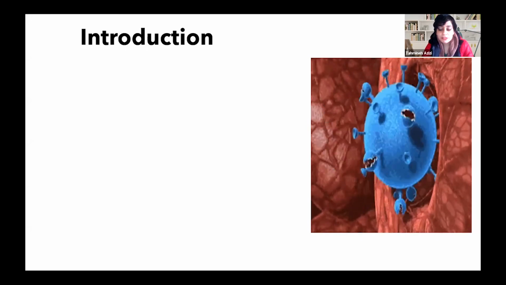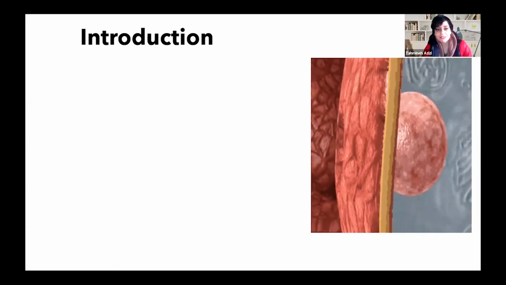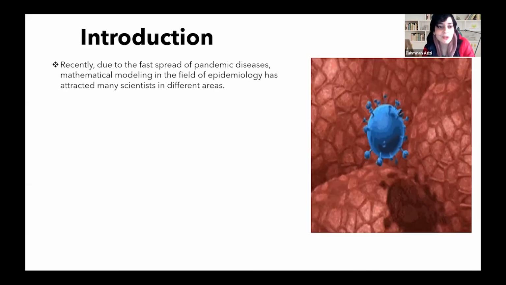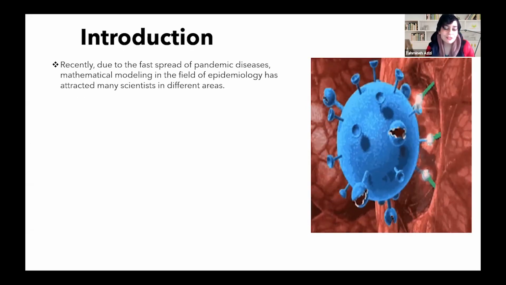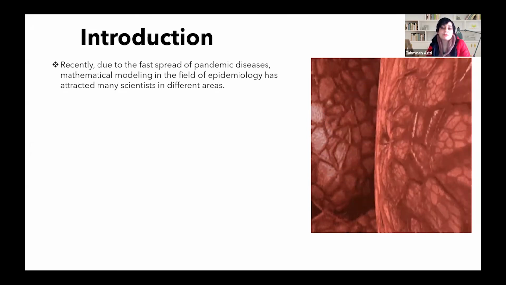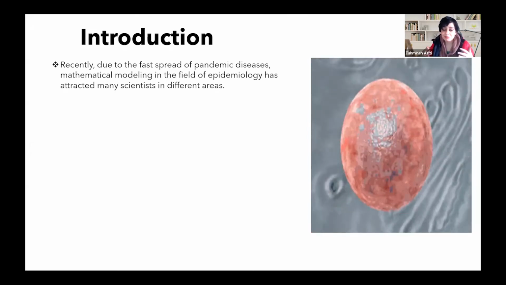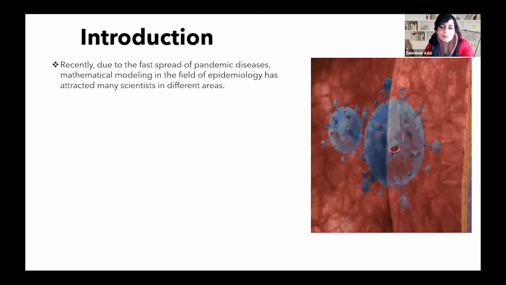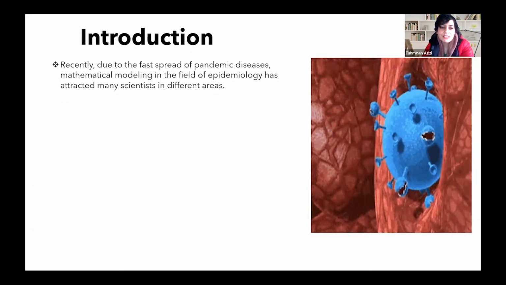The first is about infectious disease, which is a very common discussion these days, after COVID came. Recently, due to the fast spread of pandemic disease, people really understand the importance of mathematical modeling and the role of mathematicians in epidemiology.